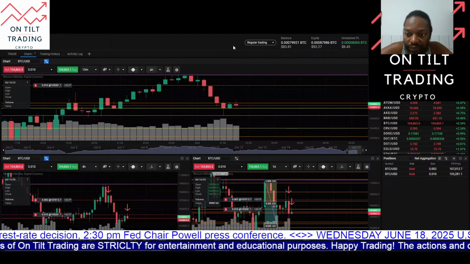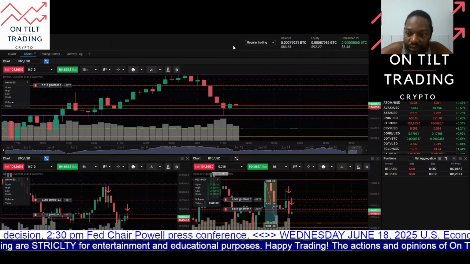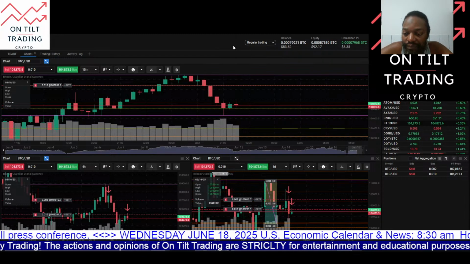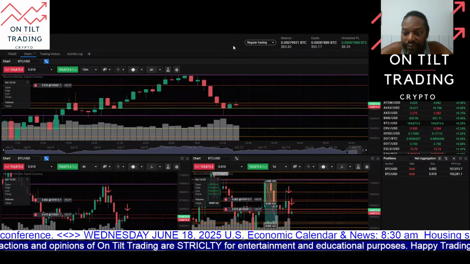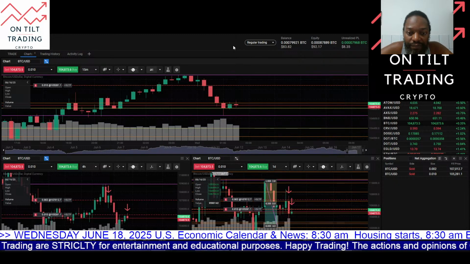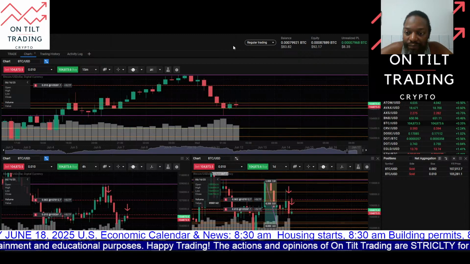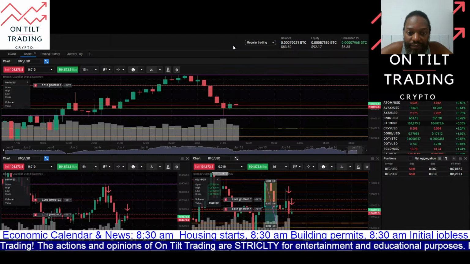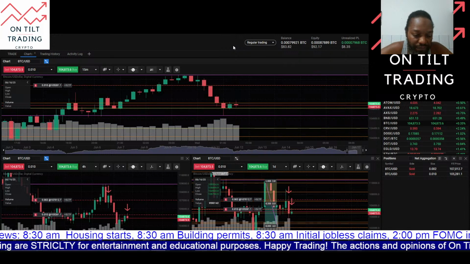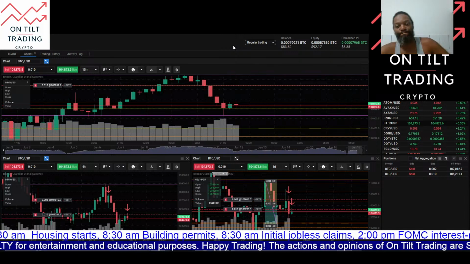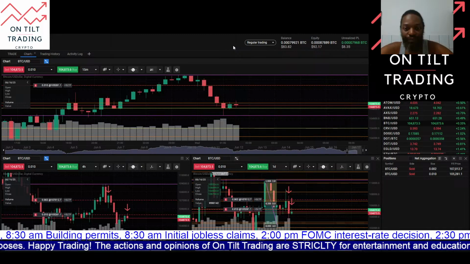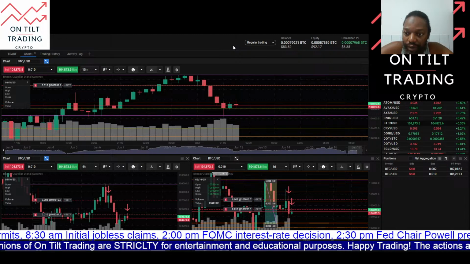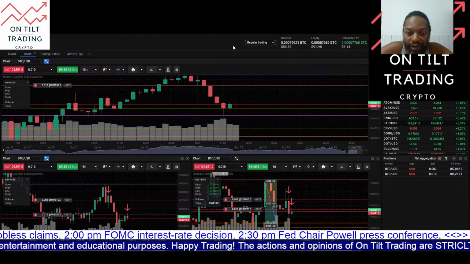Now trading at 104,865 on the bid. Less than 1 minute remaining in the current 15-minute candle.